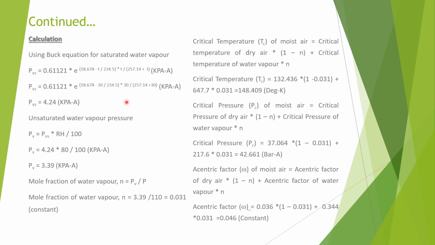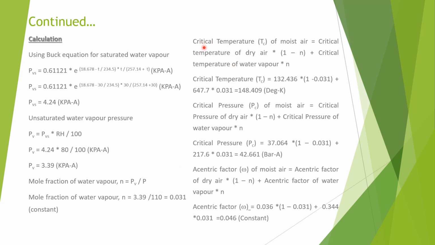Using the Buck equation, the saturated water vapor pressure Pvs is calculated, which comes as 4.24 kilopascal absolute, and the unsaturated water vapor pressure based on RH comes to 3.39. Mole fraction of water vapor n is Pv upon P, so it is 3.39 divided by 110, equal to 0.031. So n is now known.